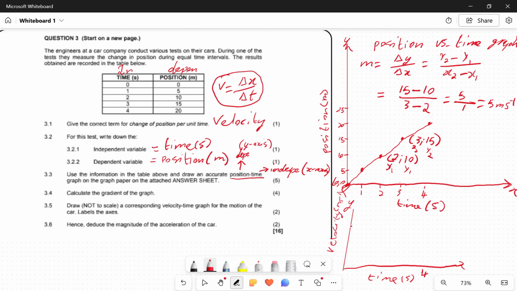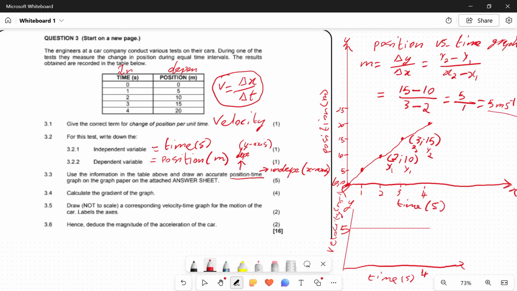And that means for the 4 seconds that this car travels, the velocity is constant, and velocity that is constant is represented by a straight line like that. Then here I'm just gonna put 5 being our constant velocity, the one that we found here.